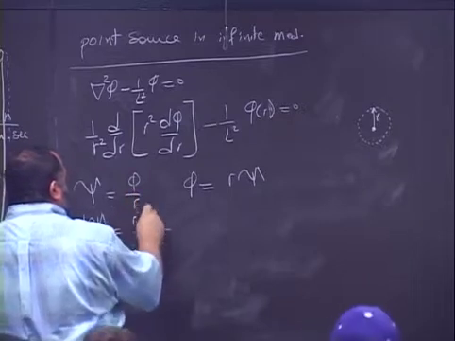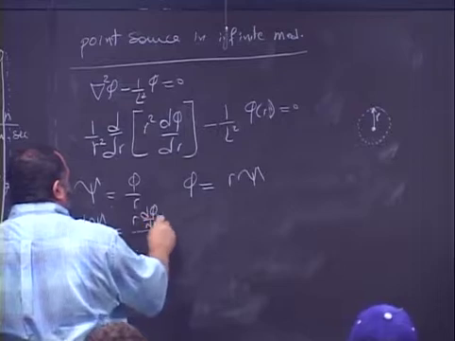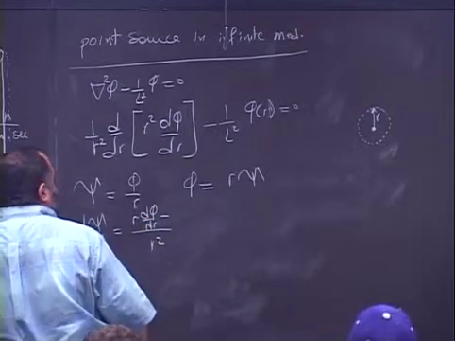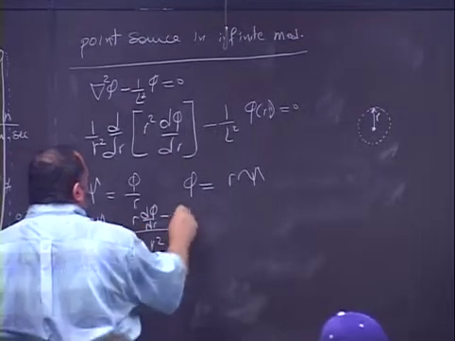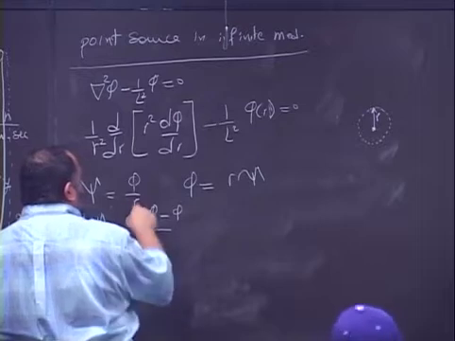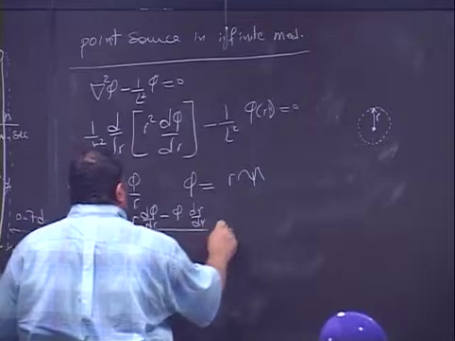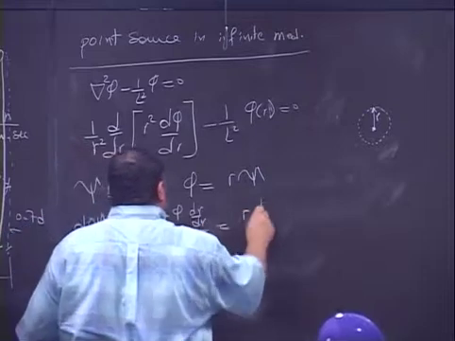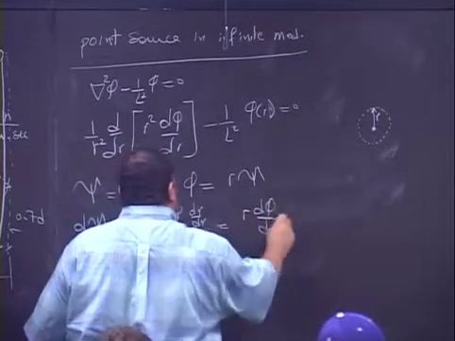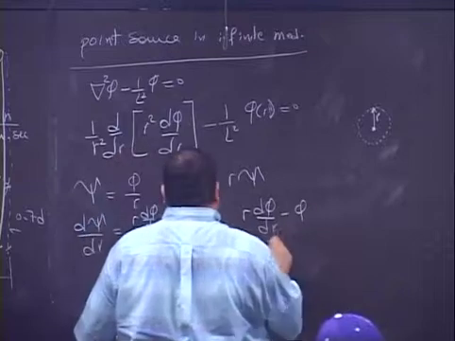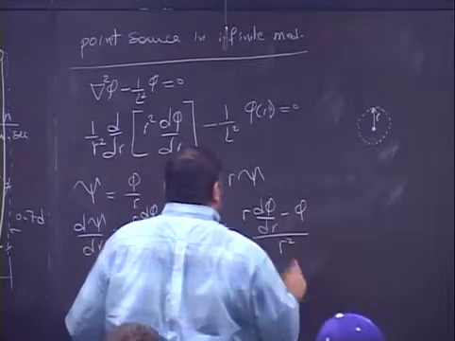This multiplied by d phi by dr minus phi multiplied by dr by dr, which is 1. So this will give you what? R d phi by dr minus phi divided by r square.